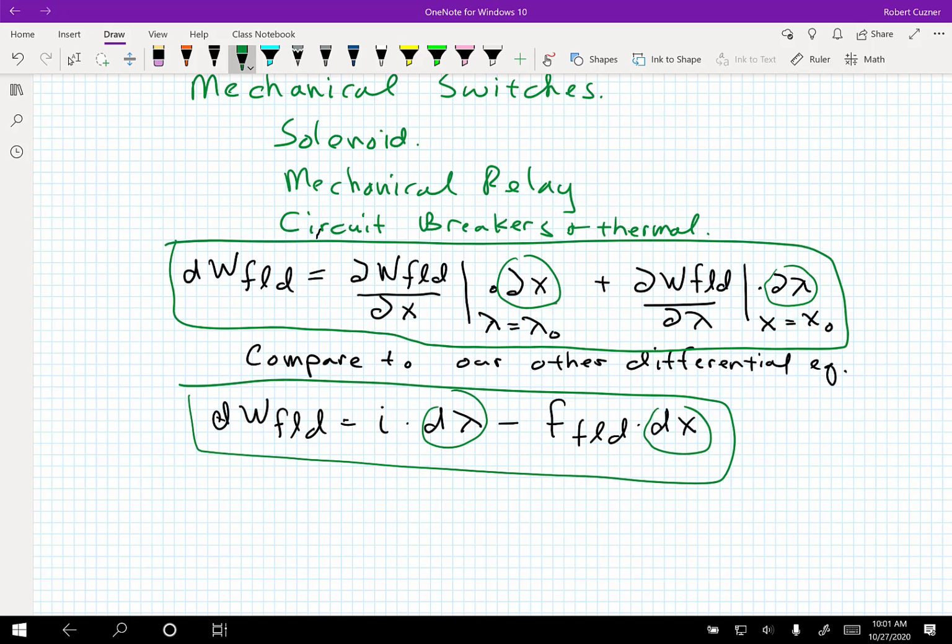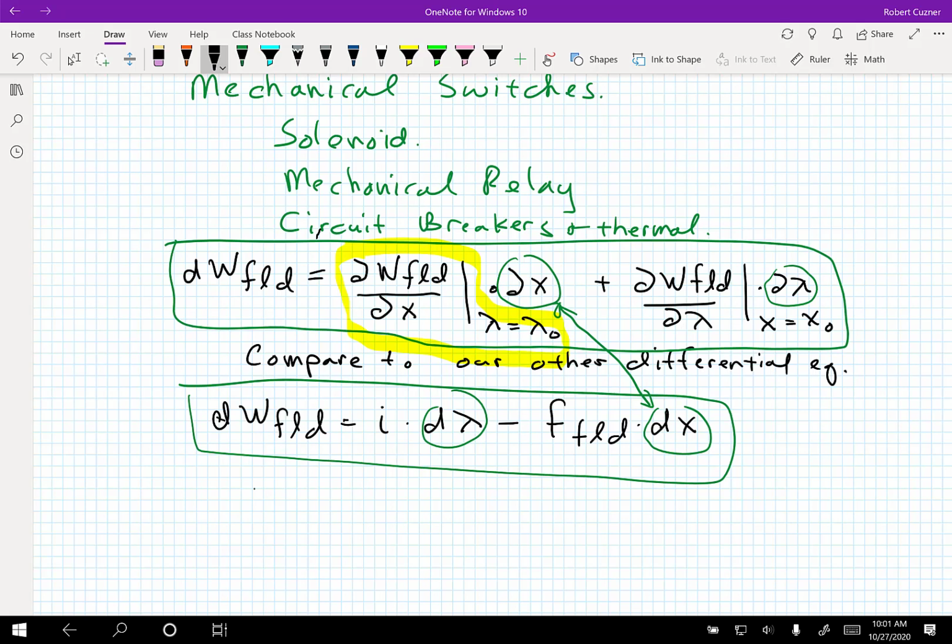So really what we're after is the force. So we're going to find the thing that correlates to this coefficient. So this is a coefficient right here. And that would be equal to negative F sub FLD.